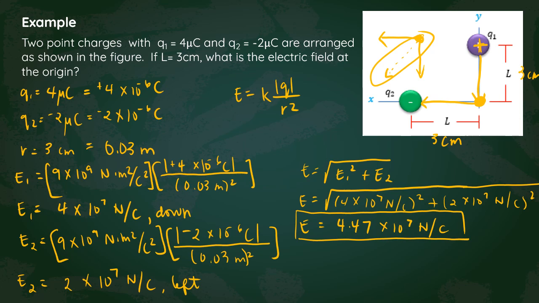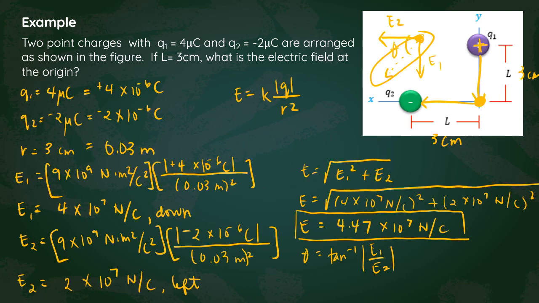And the direction of the electric field will be the arctangent of E1 over E2. When we look at it, this is E1 and this is E2, and our angle is here.